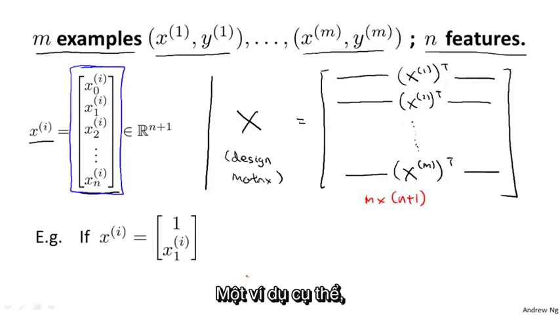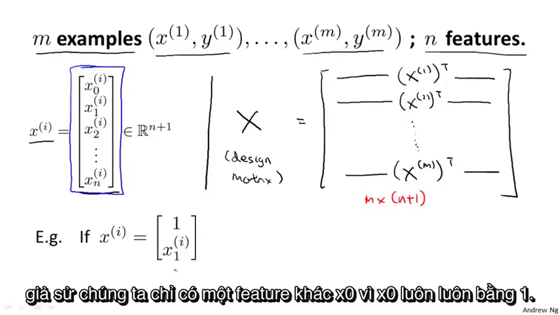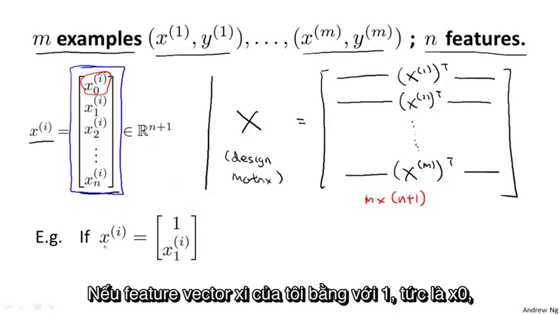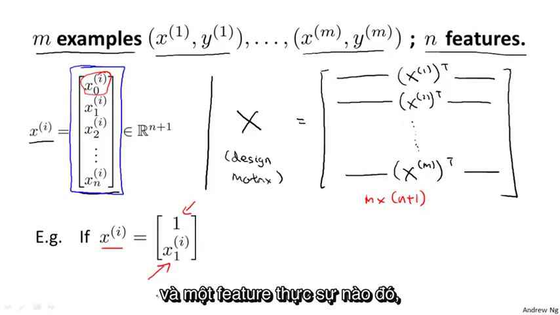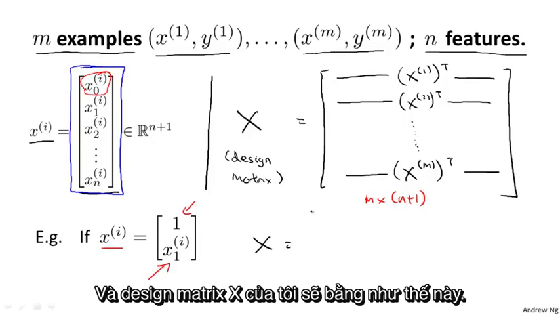As a concrete example, let's say I have only one feature other than x0, which is always equal to 1. So if my feature vectors xi are 1, which is x0, and then some real feature like the size of the house, then my design matrix X would be equal to this.